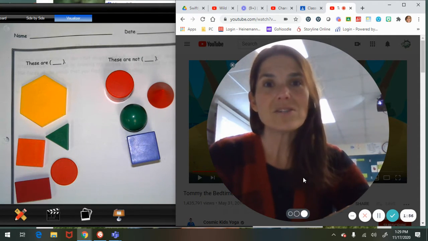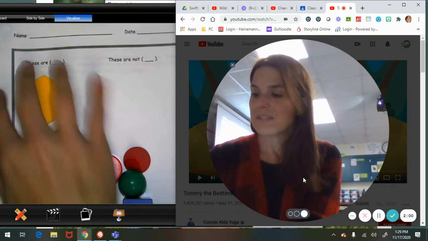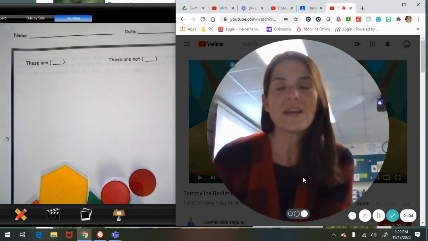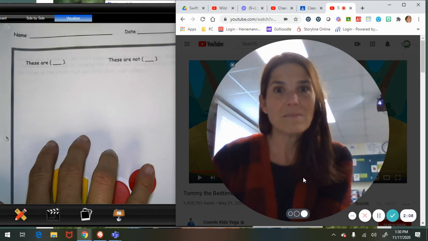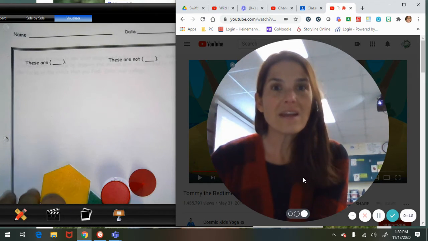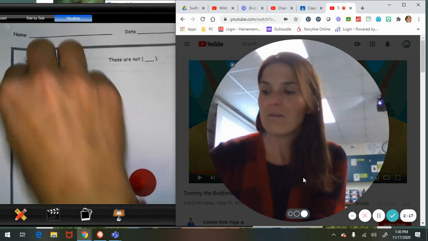Another way that we could sort these is we could put all of our shapes down here, and maybe we could say these are straight line shapes, and these are not. So all of our shapes that have straight lines could go in one column or in one group.